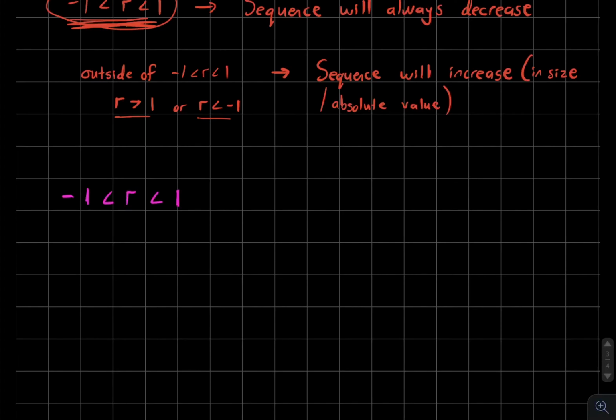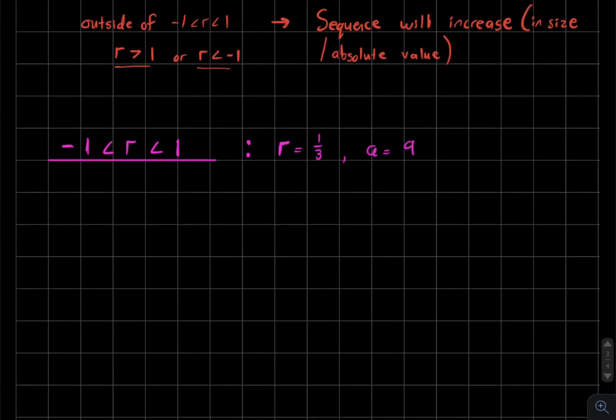Let's think of examples where r is between -1 and 1. Okay? So we can think of a sequence where r is equal to 1/3, for example, and we can have a first term of 9. Okay, so what does the sequence look like?